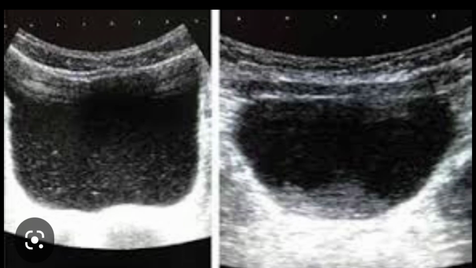Besides this, there were amorphous urates, which usually appear as low level internal echoes if they are floating, or if they are sedimenting, then they will appear as debris. So this was confirmed on the urine examination. So this is the radiological pattern, and here you can appreciate the difference between the low level internal echoes on the left and debris on the right side.